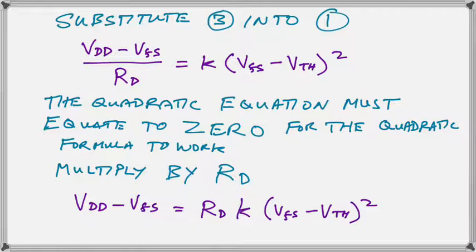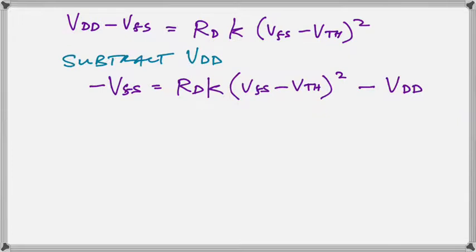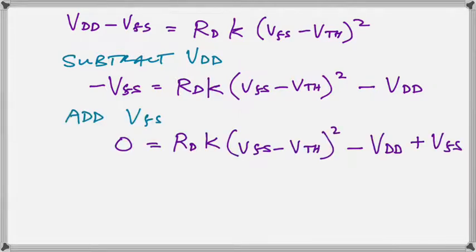It's easy to multiply by RD to get rid of the denominator, and it's just as easy to subtract the VDD and add the VGS to bring the other two terms over.